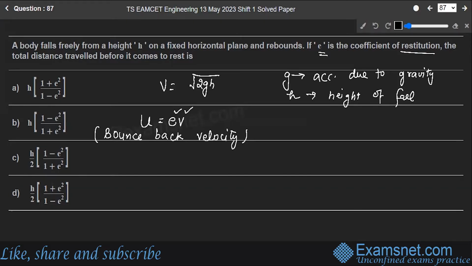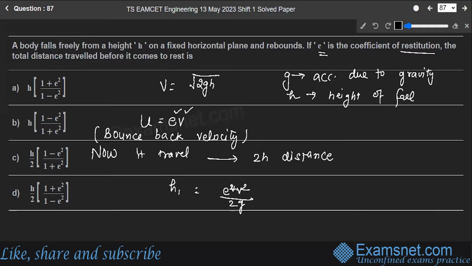Now it will travel a distance of 2h1 before it again strikes the ground, where h1 will be given by e square into v square upon 2g.